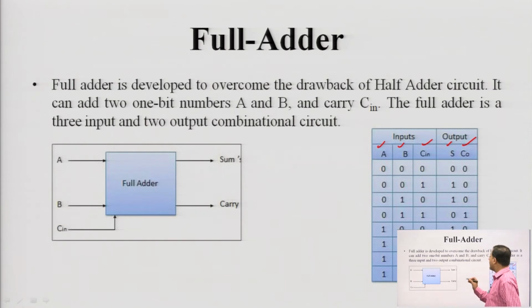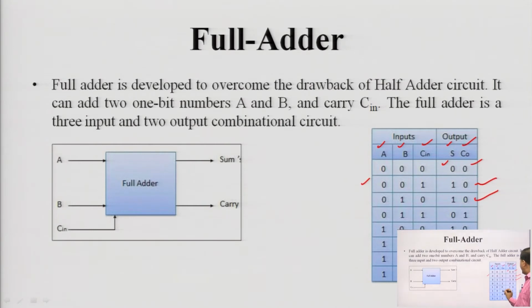Okay. So, here you have to be very particular about the binary addition. Let us check: 0 plus 0 is 0, so sum 0 carry 0. For the next one, 0 plus 0 plus 1, sum 1 carry 0. Then 0 1 0, we have 0 plus 1, sum will be 1 and carry will be 0.